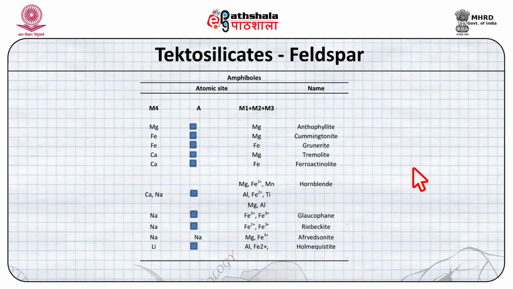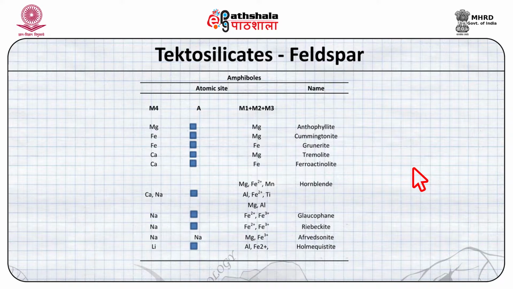The magnesium end member, where the M4 site has magnesium and the M1, M2, M3 sites are also magnesium, is anthophyllite, whereas where the M4 site has iron and the M1, M2, M3 sites have magnesium, that is cummingtonite. In both of these the A site is vacant. Then in grunerite, both the M4 and M1, M2, M3 sites are occupied by iron.